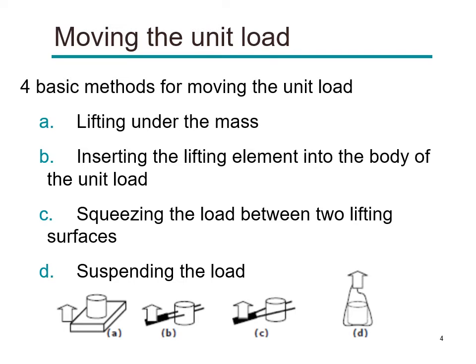Then what are the basic methods of moving the unit load? Basically, we can talk about four methods. The first, a common one that you are all familiar with, is lifting the unit load from under the mass.